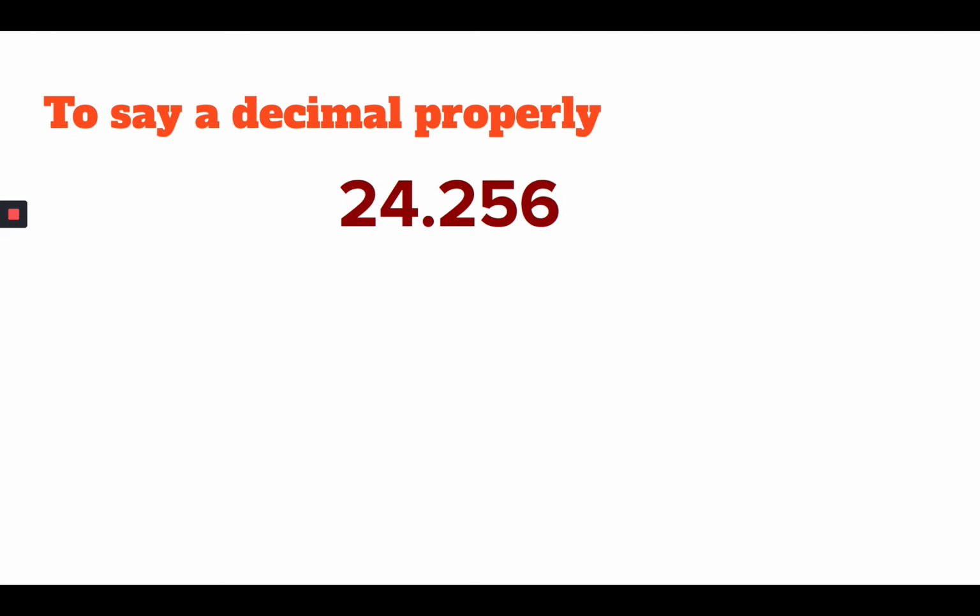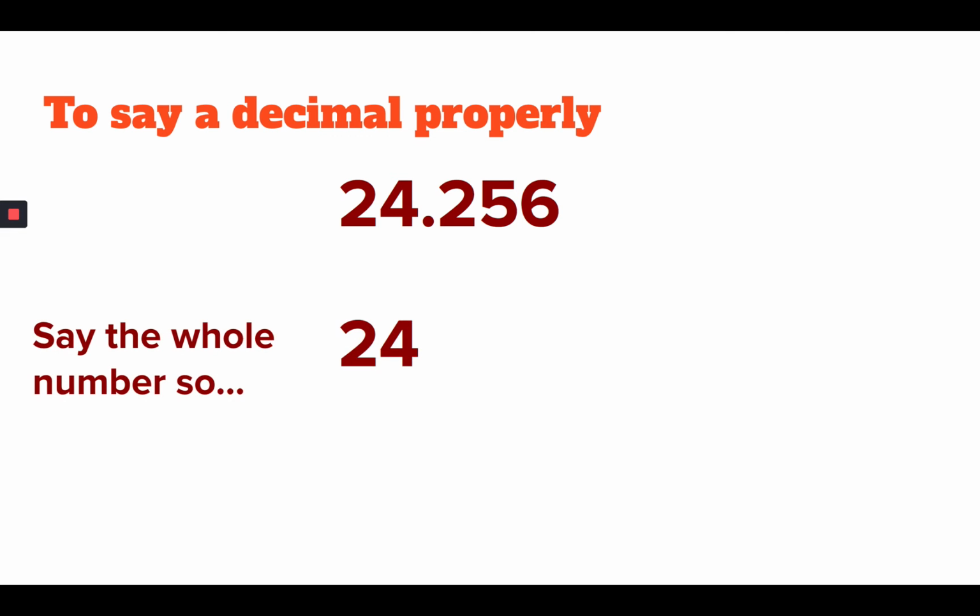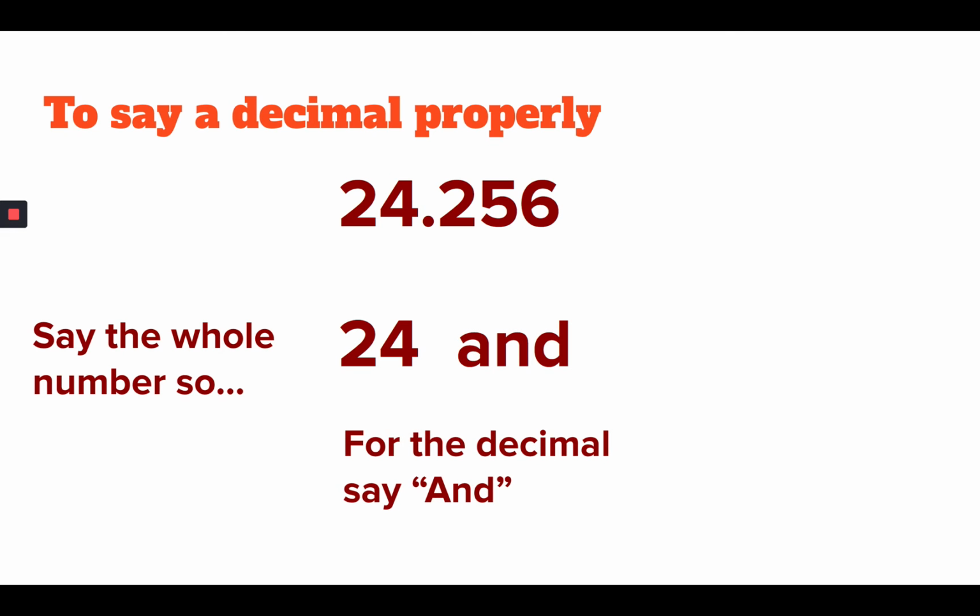Now, to say a decimal properly, like we've got this one, most of you in real life will say 24.256, and for real life that's fine. But to just recap, to say a decimal properly, you start by saying the whole number, so 24. Then, instead of point, you need to say and. So 24 and.